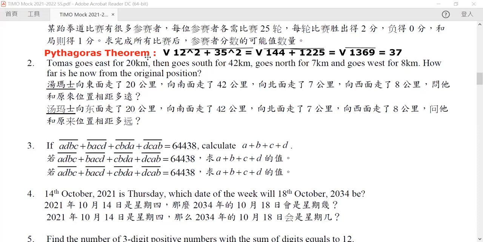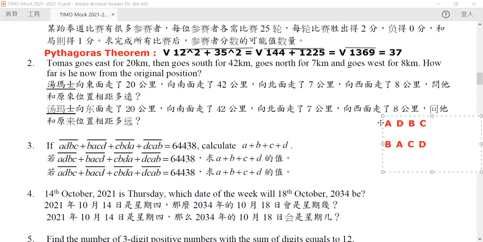Our third question would be something like this. Now I will write it in the usual horizontal. No, it is a vertical sum.